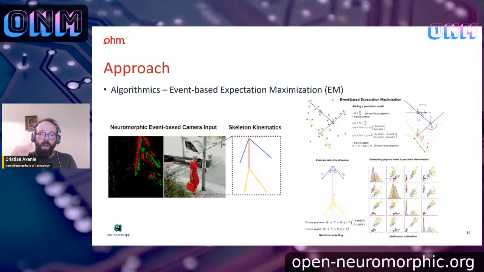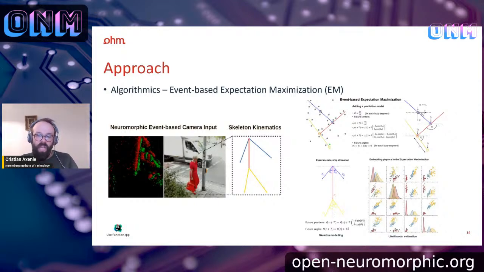Of course, if you want more details, I can give more details about the actual steps of the event-based expectation maximization. Basically, there's a ridge regression. Then we have some moving average because this works in real time. So each event has a contribution in the estimate. And we combine all the estimates based on the body segment angle with respect to the others.